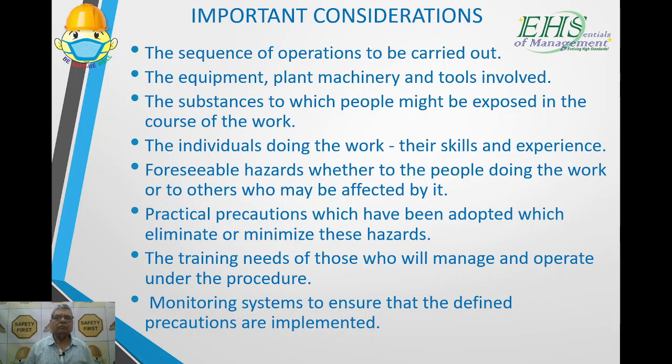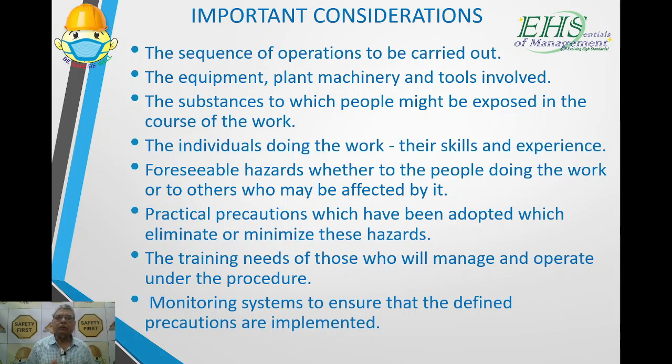So, what are the important considerations? The sequence of operations to be carried out. We have seen in the last, you break down the job into small tasks, your actions, and establish the sequence. The equipment, plant, machinery and tools involved. Whenever you are doing a certain job, you use certain machinery, certain plant, certain equipment and some tools.